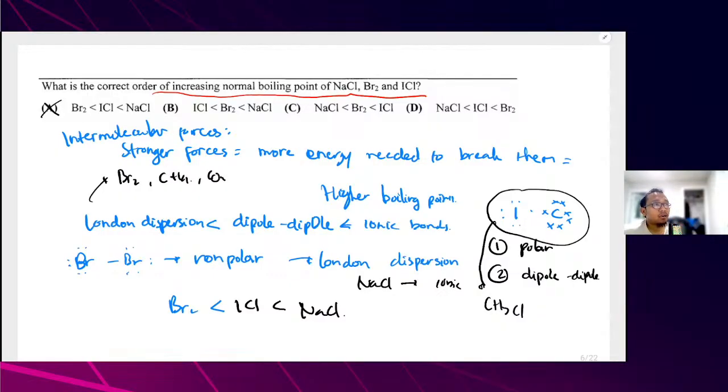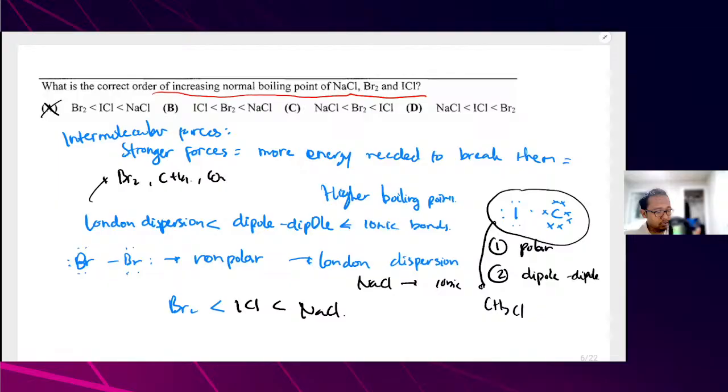To determine whether the dipole moment is present or not, we need to know the concept of electronegativity difference and the concept of symmetry.